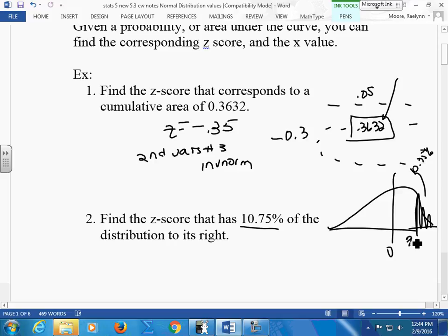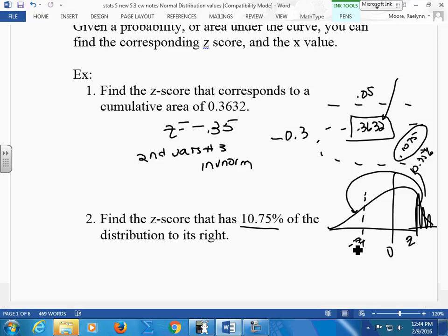Now, you have a couple of choices. You could use the fact that this is symmetric. You can bring this down to a decimal, just move your decimal over. You could use the fact that this is symmetric, and you can find this area and find this negative z-score. So look in your table, your big table, to see if you see 0.1075. It's not on theirs.